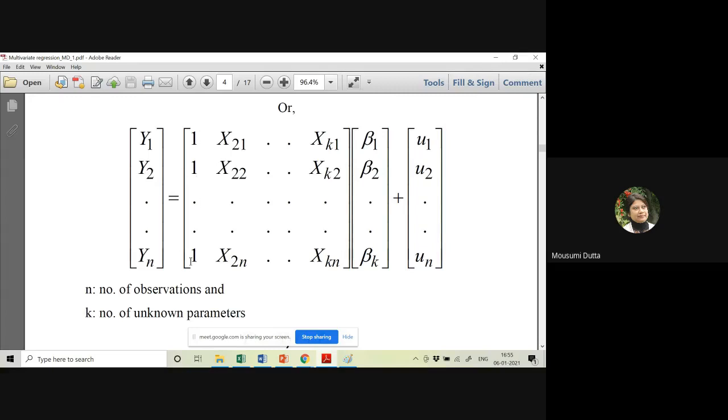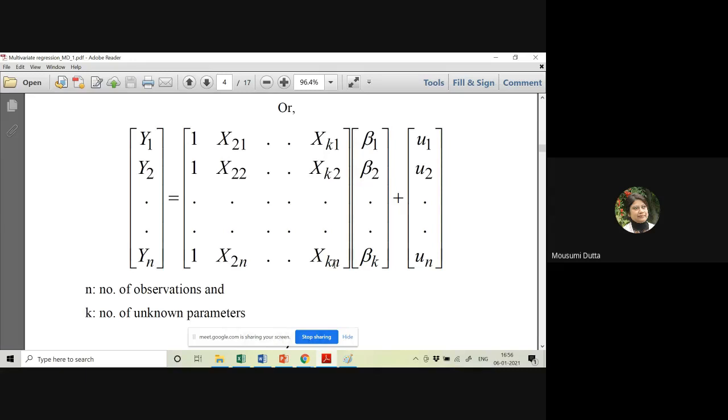The first column is 1, 1, 1, the second starts from this value, and there is this column as the final column. So there are k columns here. To indicate independence of these columns, we need that the rank of x should be equal to k. If rank of x is equal to k, that indicates all k columns are independent of each other.